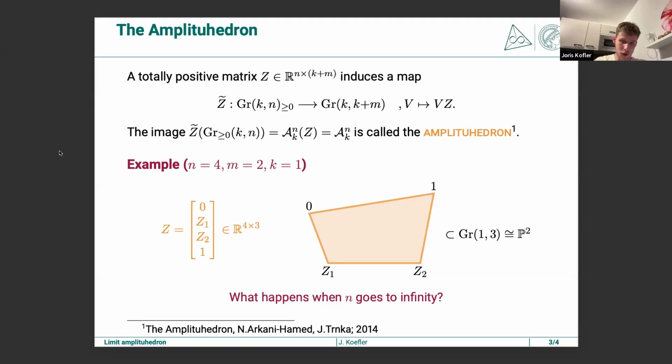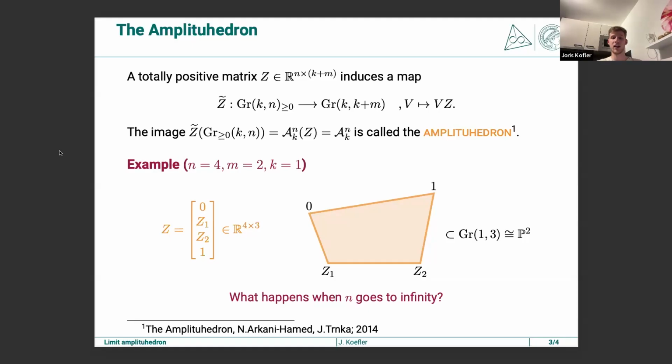You fix the first row to be the origin in an affine patch, so we should think of this point as (1, 0, 0). Then you choose 2 other points, Z1, Z2, that lie on the moment curve, and a fourth point. They're all of the form 1 followed by a point. Then if you take this Z matrix, the amplituhedron is not too bad for these choices of parameters. It's really just the quadrilateral whose vertices are labeled by the rows of the Z matrix.